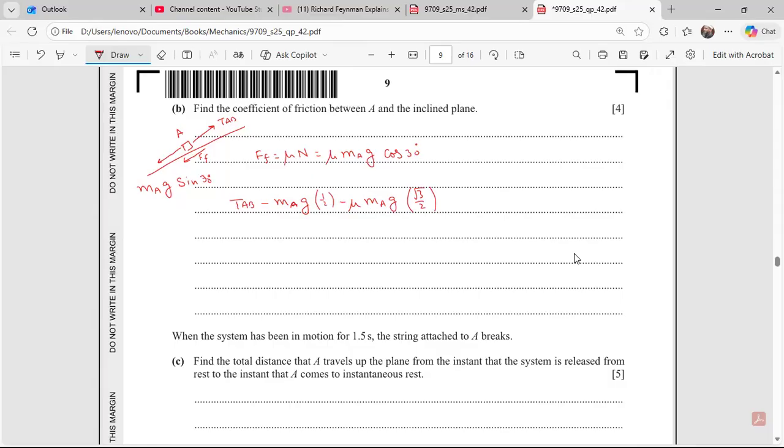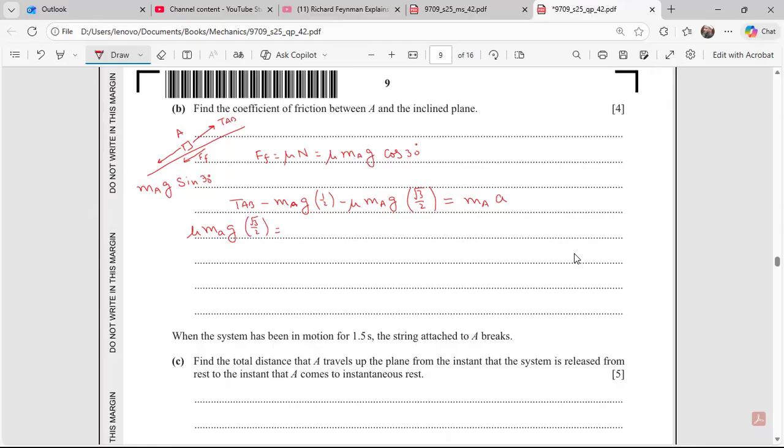So if I rearrange these equations, I want to find this mu thing. So mu MA G and root 3 by 2 is equal to, oh, what is this equal to? Sorry. This is the net force, and this is equal to MA into A. The net force is equal to mass times acceleration.